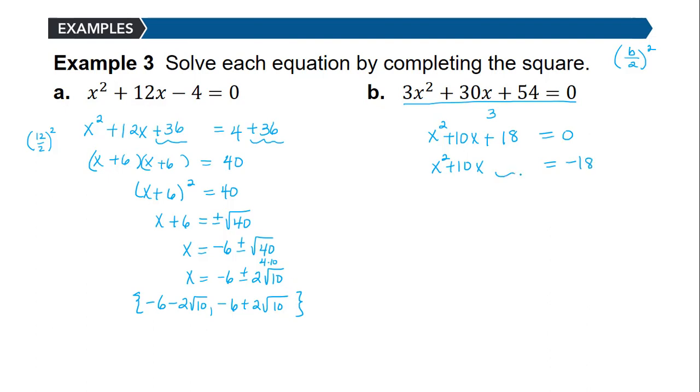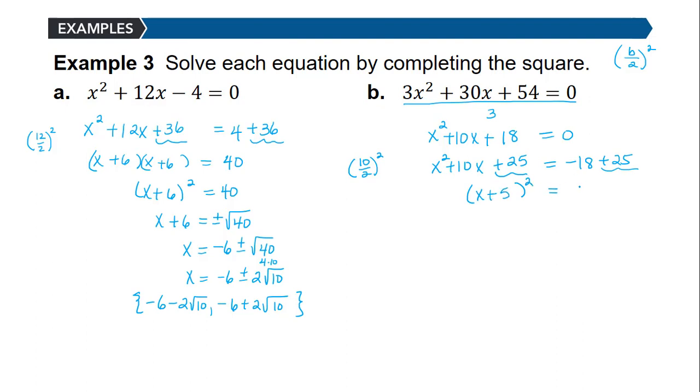And now we find what number completes the square. I have to take half of 10 and square it. Half of 10 is 5, squared is 25. I'm going to add that to each side. X squared plus 10x plus 25 factors as x plus 5 times x plus 5, or x plus 5 squared.